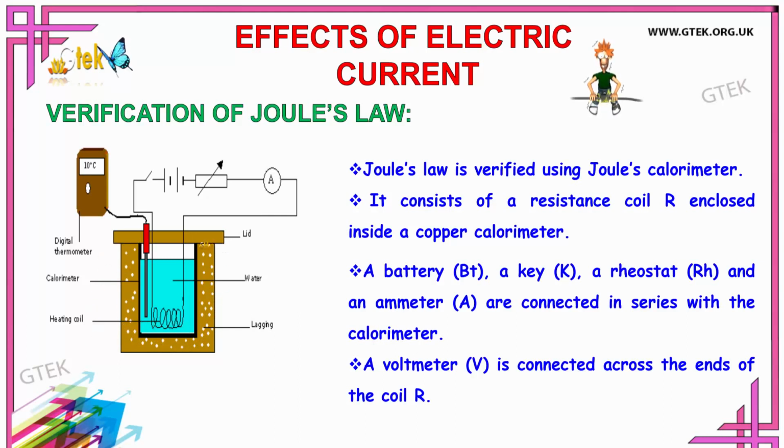A battery BT has been taken. With that, a key, a rheostat and an ammeter are connected in series with the calorimeter. A voltmeter is also taken and is connected across the ends of the coil.